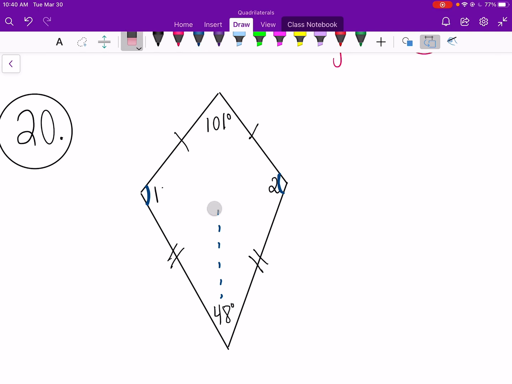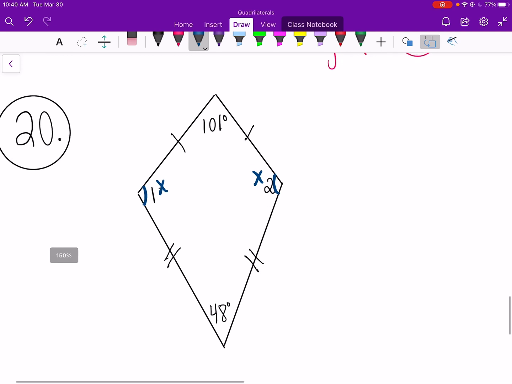So I'm going to call angle 1 and angle 2 x, because they're the same.